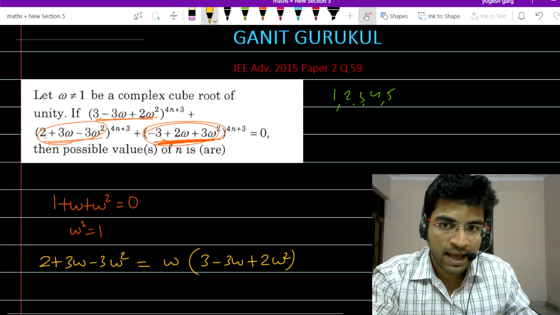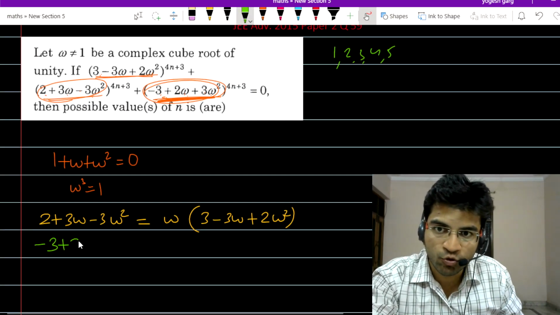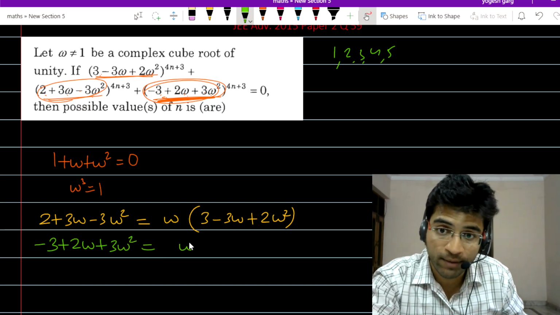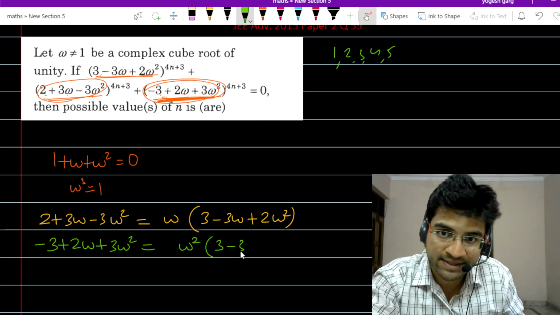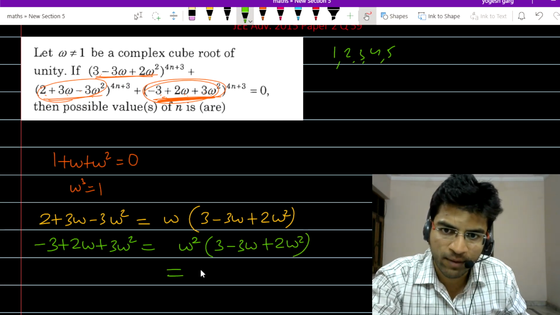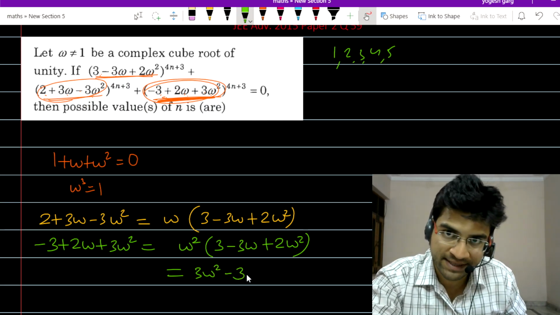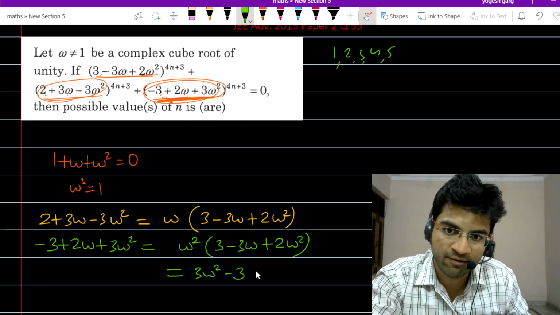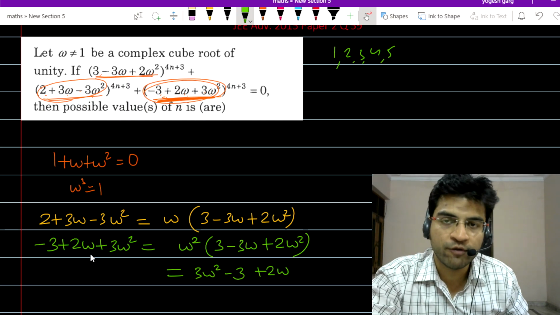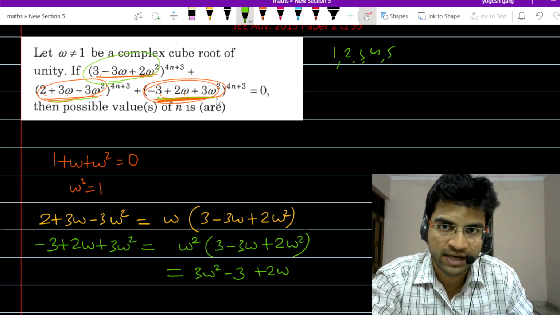Similarly, minus 3 plus 2 omega plus 3 omega square is nothing but omega square into 3 minus 3 omega plus 2 omega square. Let me write this down. 3 omega square minus 3 omega into omega square, 3 omega cube, that is 3 only, minus 3 only. 2 omega square into omega square, that will be 2 omega. Yes, same expression. So let us write this as t, this will be t omega and this will be t omega square, fine.